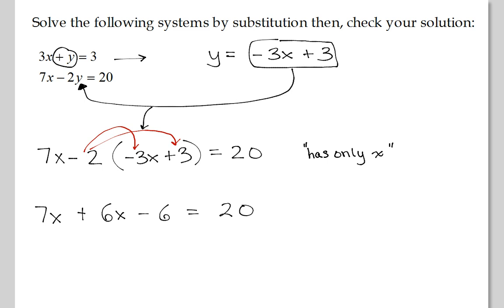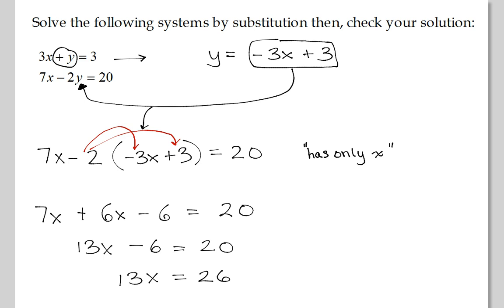Now you collect like terms. 7x and a 6x makes 13x. Move the 6 to the other side. And then what do we do?